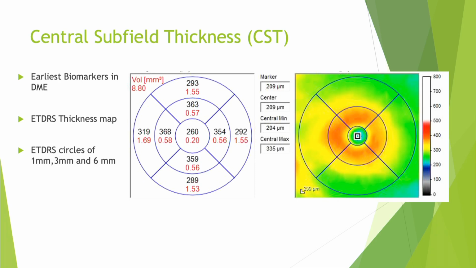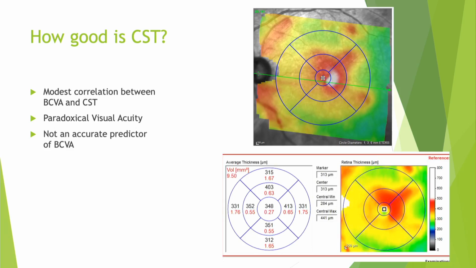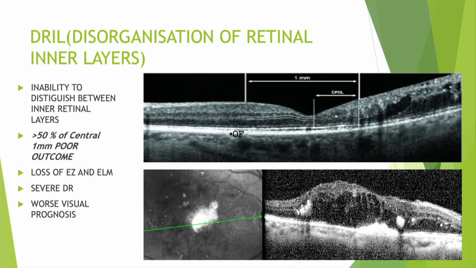Like Dr. Manoj told, the central subfield thickness is the retinal thickness that is computed in the central 1 millimeter zone. And how good is it as a predictor of best corrected visual acuity? The Protocol A study of the DRCR network showed that at the best there is a modest correlation, and central subfield thickness alone is not a good or accurate predictor of the best corrected visual acuity.